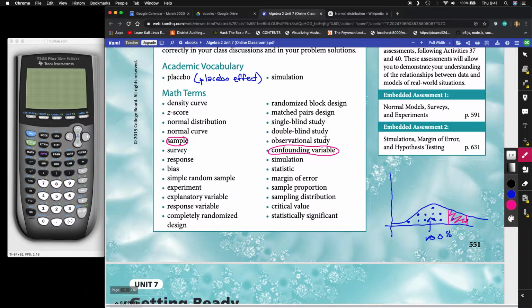But then, when you publish or whatever, your peers might point out, hey, actually X doesn't cause Y. It's actually Z that causes Y, and you did not account for that in your study. And that would be known as a confounding or a lurking variable.